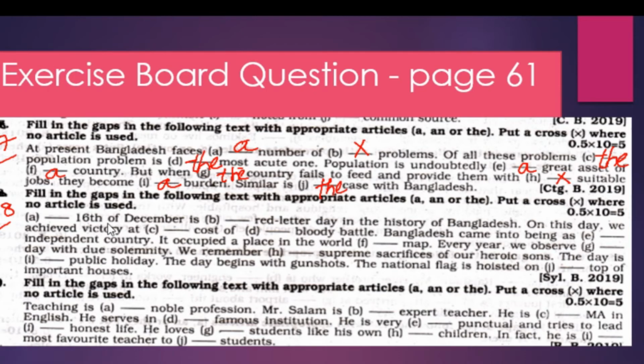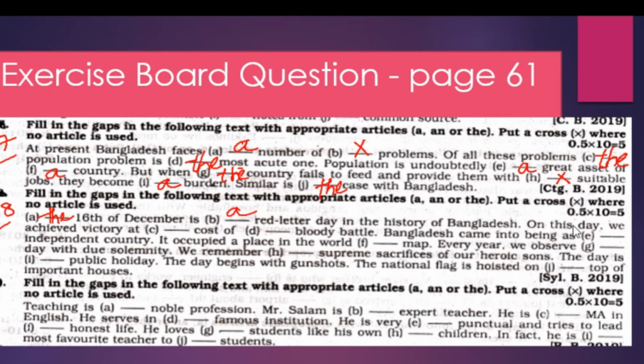The 16th of February. 16th. I have told you ordinal numbers like 1st, 2nd, 3rd, 4th. So the 16th of December is a red letter day, a phrase, a red letter day. That means a very important day in the history of Bangladesh.